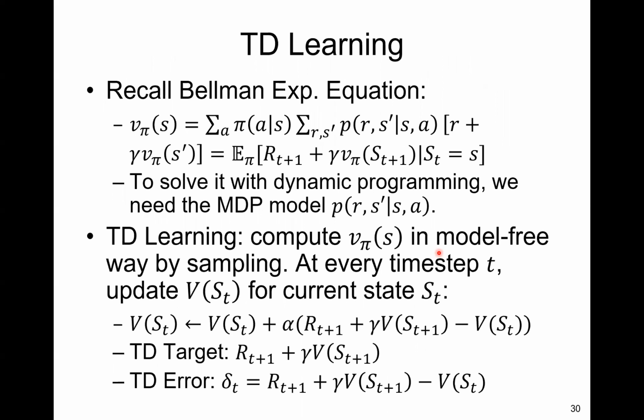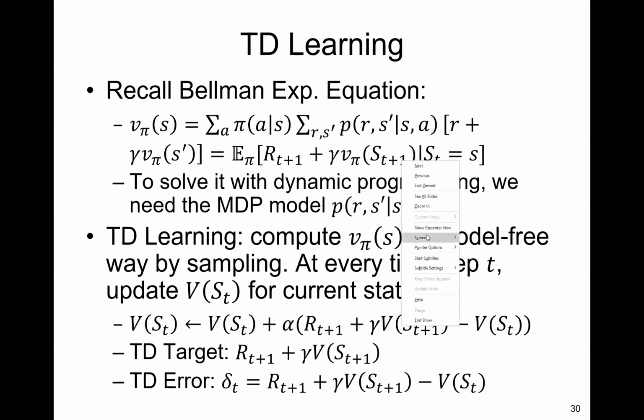TD learning performs a one-step look ahead, based on the Bellman equation for the value function: V pi of s is equal to the expectation under policy pi of the reward at the next time step plus the discount factor times the value of the next state.